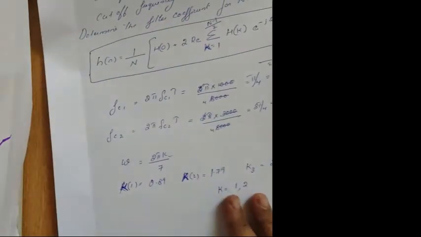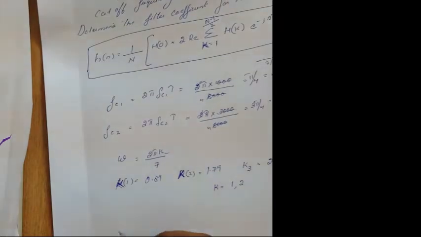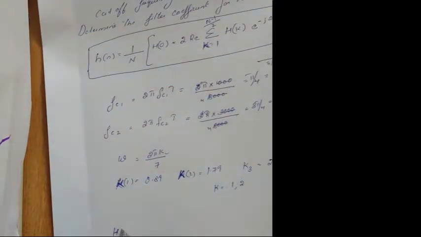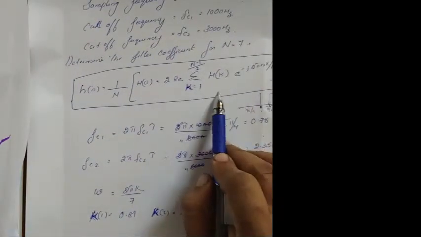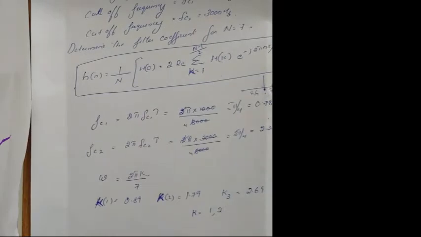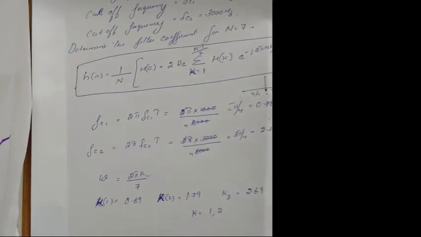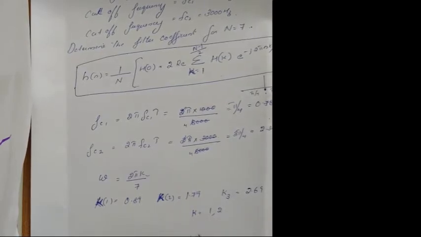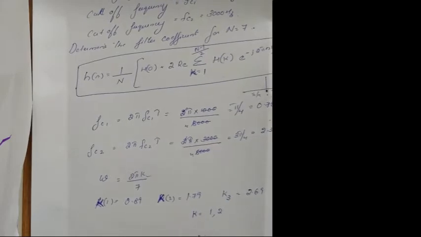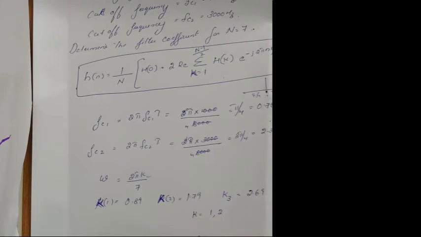Now here is the basic constraint, h of k. In the equation, h of k is also equal to Hd of e power jω, which is e raised to minus j (N minus 1) by 2 ω for π by 4 less than or equal to ω less than or equal to 3π by 4, 0 otherwise.